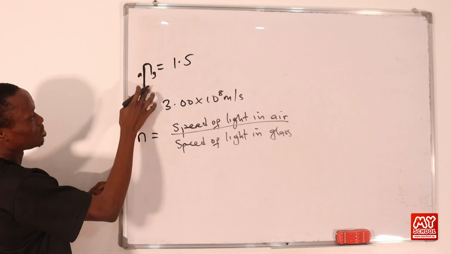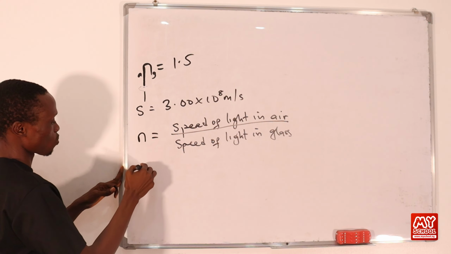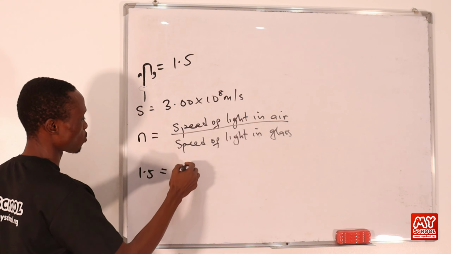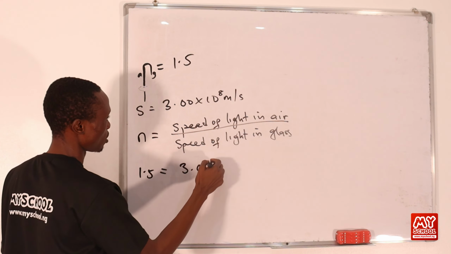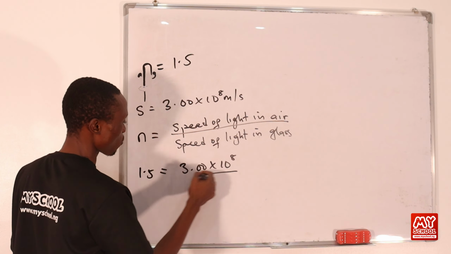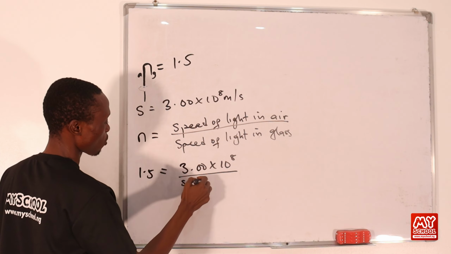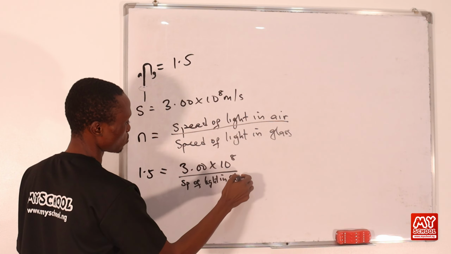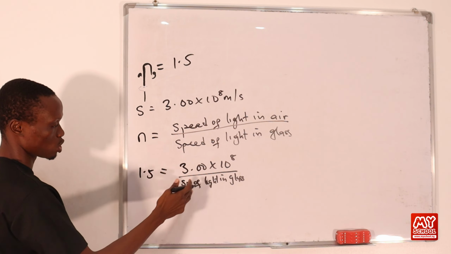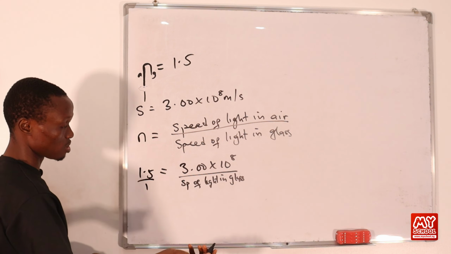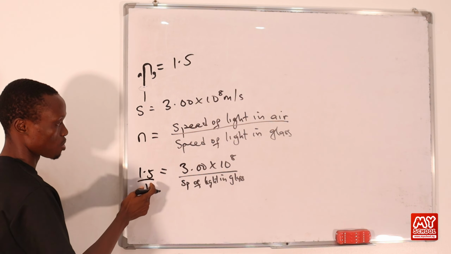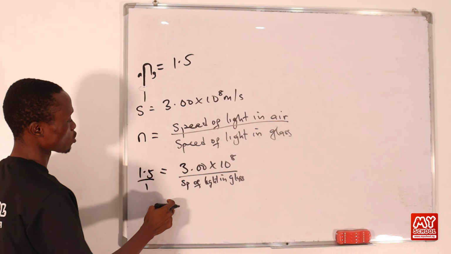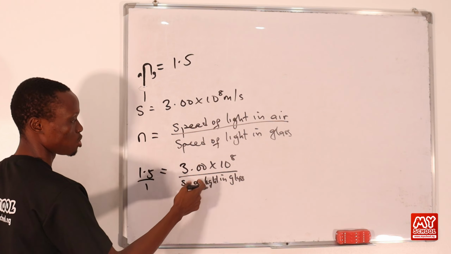So we know the refractive index to be 1.5, and we know the speed of light in air to be 3.00 times 10 raised to the power 8, all over the speed of light in glass, which is what we are looking for. Here we can just switch positions, or if we cross multiply, it's still the same thing. If we cross multiply, we will have 3.00 times 10 raised to the power 8 equal to 1.5 times the speed of light in glass.